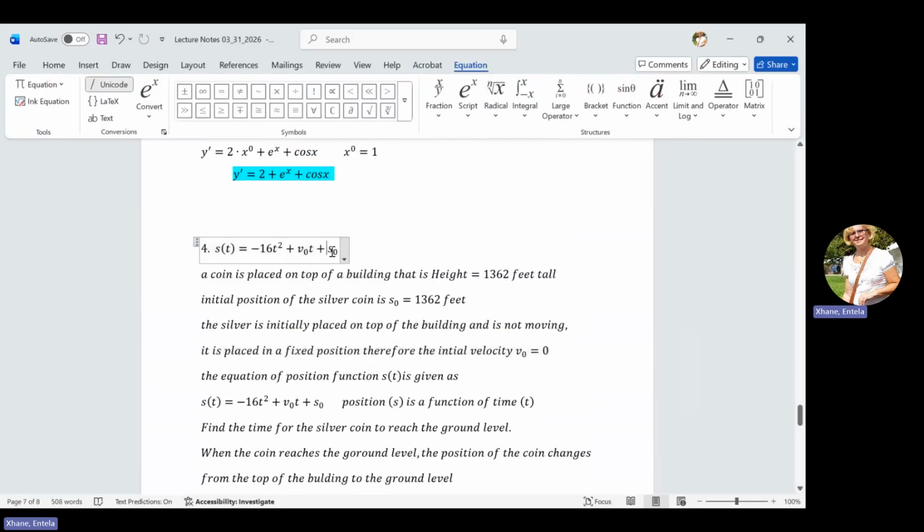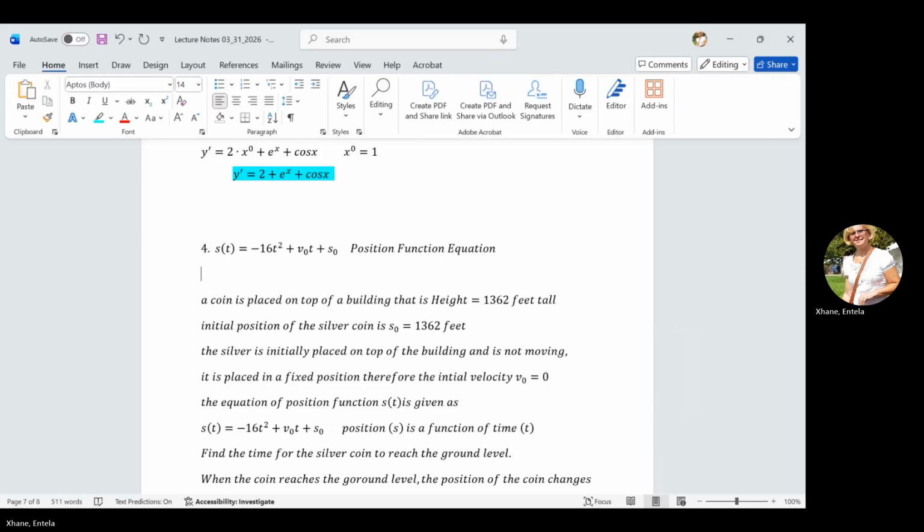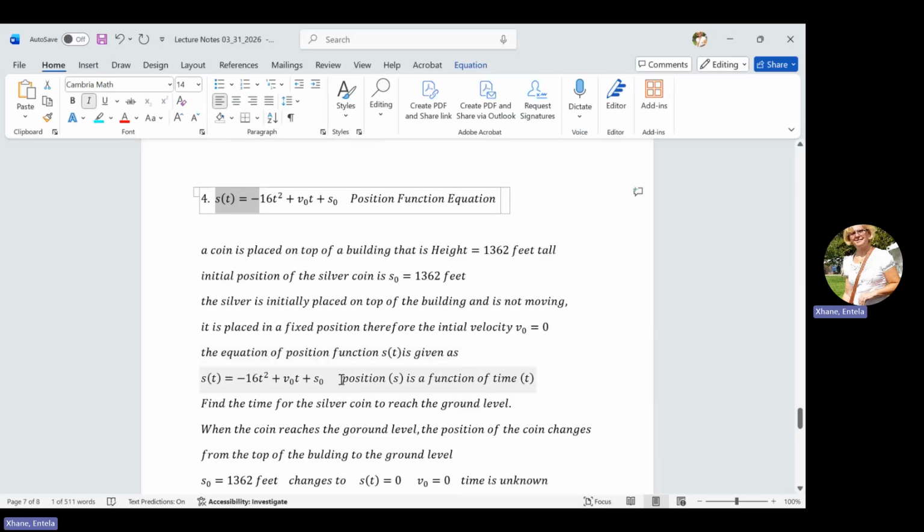This equation in precalculus, when you learned about quadratic functions, is known as the position function equation. It is a quadratic equation. A couple of explanations. S of t stands for the position function of the time t.